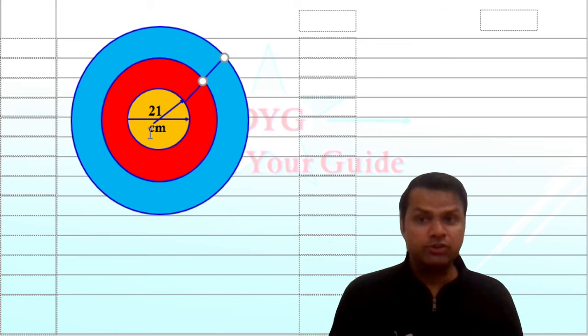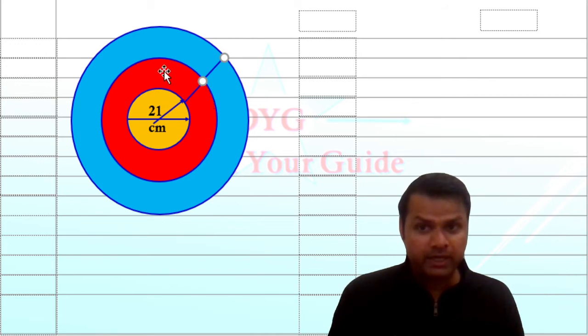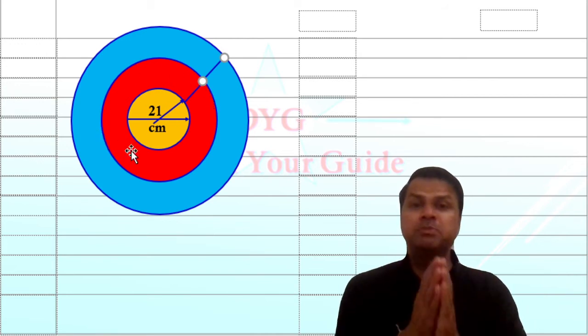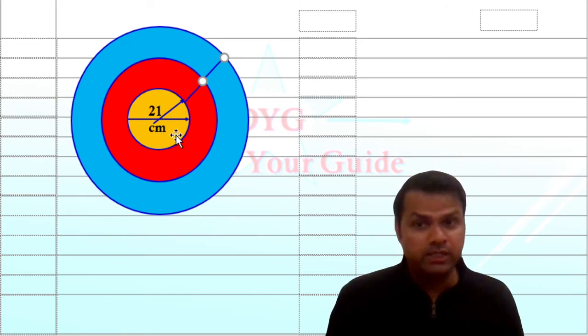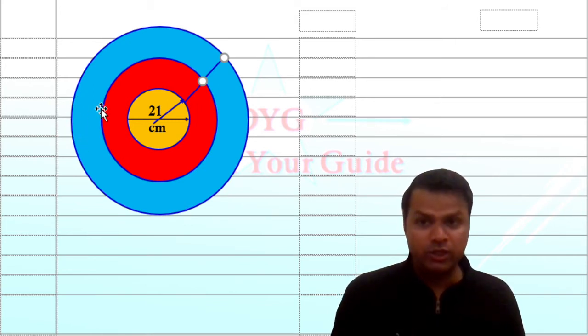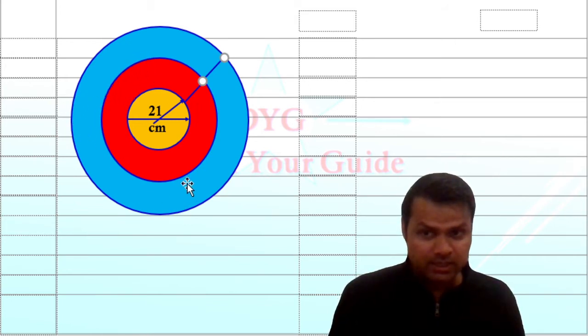That means the radius of the bigger circle that we have right now is the outer blue one. And now we only have to subtract the red region. Now please be careful here. Do not subtract red and gold both. Do not do that because gold is part of red only. So we have to only subtract the area of the second circle that we have.